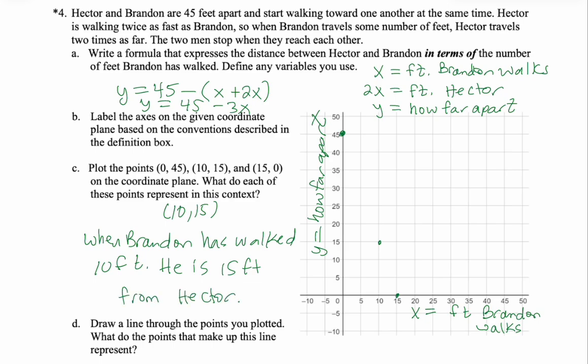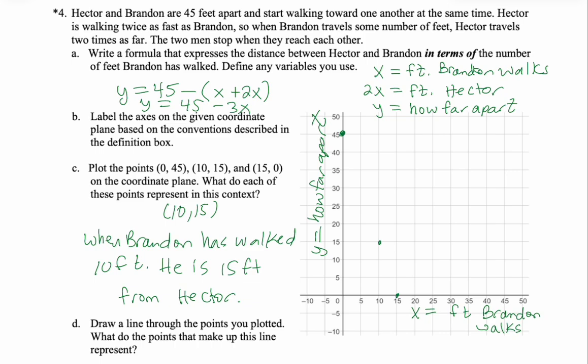Now, why is that? Well, if Brandon has walked 10 feet, Hector's walked 20, 10 plus 20 is 30, they still have 15 to go. So the point (10, 15): when Brandon has walked 10 feet, he is 15 feet from Hector. Because our x is how many feet Brandon has walked, our y is how far apart they are.